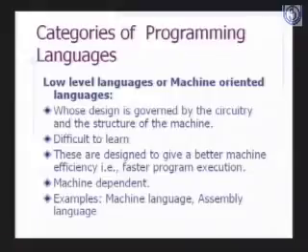This is a direct interaction, but the problem is we have to know a lot of things depending upon the architecture and circuitry of the system in order to program the machine. So these are some of the advantages as well as the disadvantages of low level programming languages.